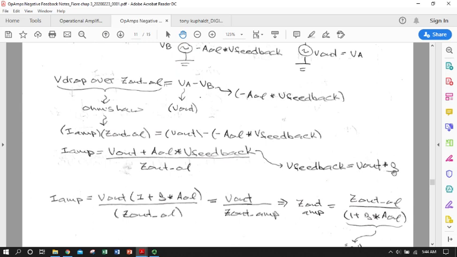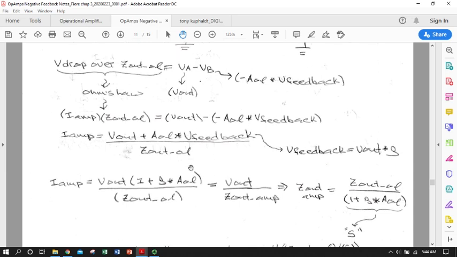So we drop in V out times beta for this V feedback, which we would otherwise have to test at a given test point. And so now we have the test current going into the amplifier is the output voltage, times, oh wow, there's our sacrifice factor again, 1 plus beta times open loop gain, divided by the open loop output impedance.